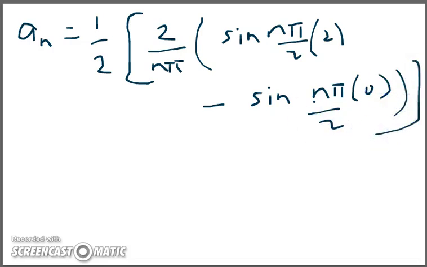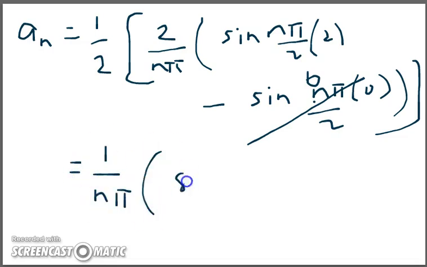Since we know that sine 0 is 0, we only have this. And we have now 1 over n pi times sine n pi only.